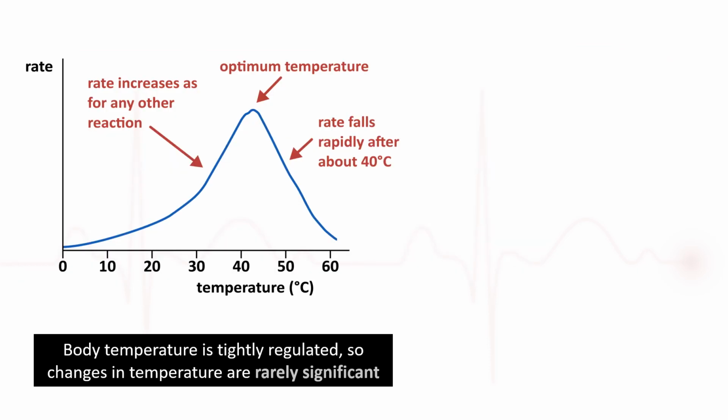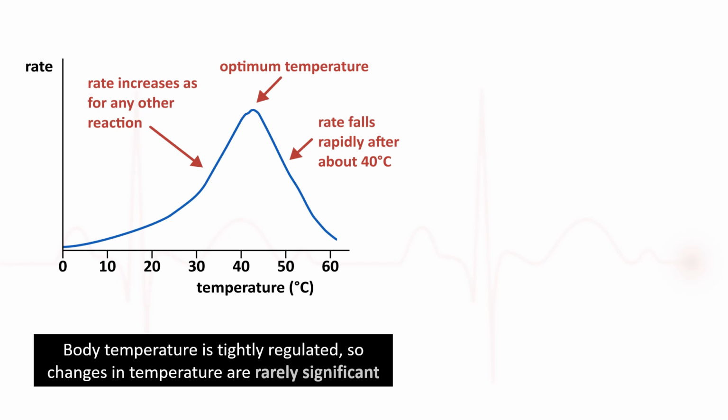The first thing that we'll talk about that can influence enzymatic rate is temperature. The human body has an incredibly constant body temperature through homeostasis, through these negative feedback loops that we discussed previously. But if body temperature does rise significantly, or if body temperature does fall significantly, that can definitely have an influence over enzymatic rate.